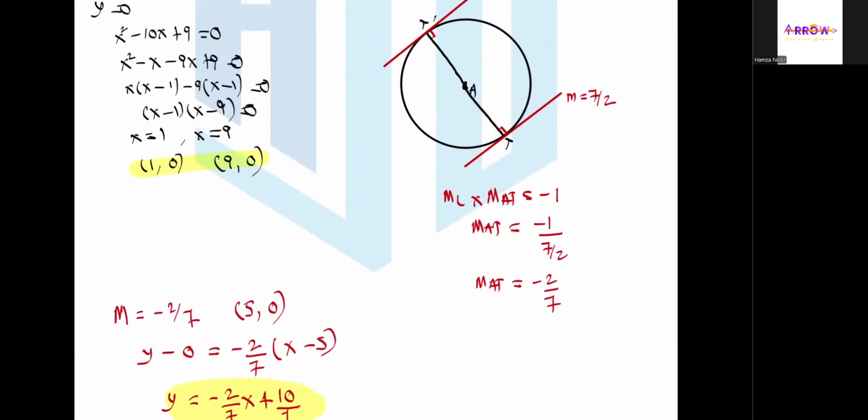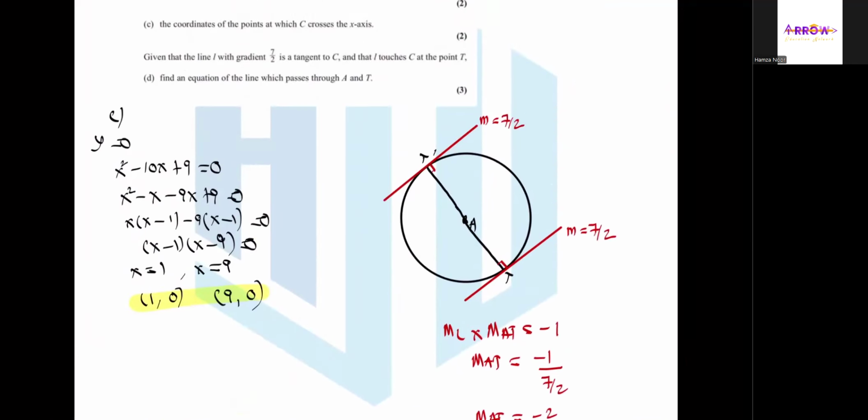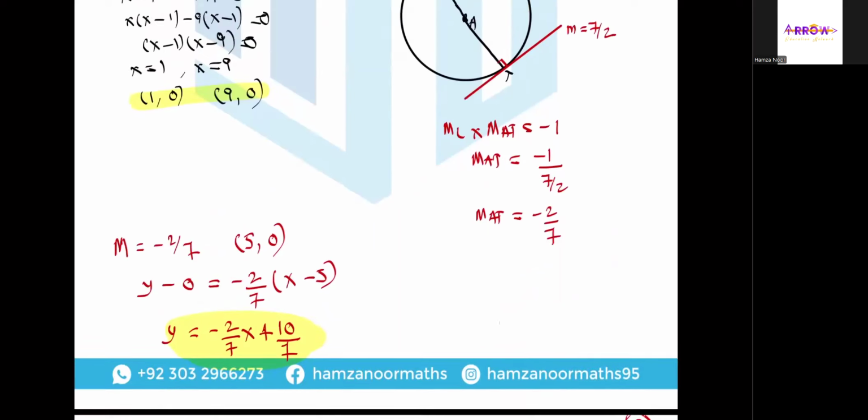Okay, we are not concerned with finding the equation of the line L because there are two possible positions for the line L. We are interested in finding the line which passes through A and T. So basically the whole line which passes through A and T. Okay, so this complete line we are finding the equation of. Or you can just consider this radius over here, since the radius is also part of the line AT. Or you can say the radius is also part of the complete line which passes through A and T. All right. So this is basically the whole idea behind this.